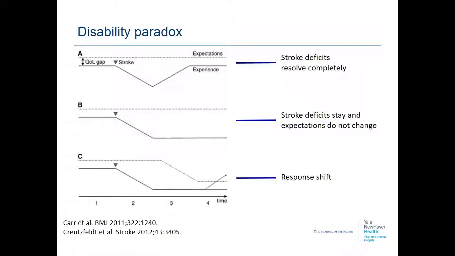So just awareness of this particular paradox is important as we advise families about prognosis and about how aggressive care should be in terms of trying to preserve quality of life for their loved one moving forward.